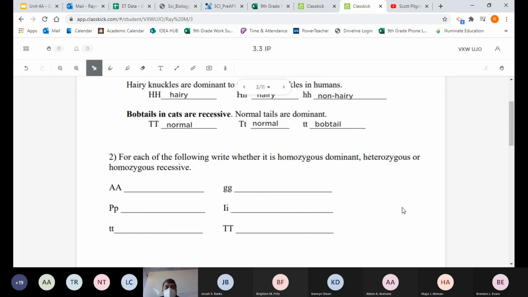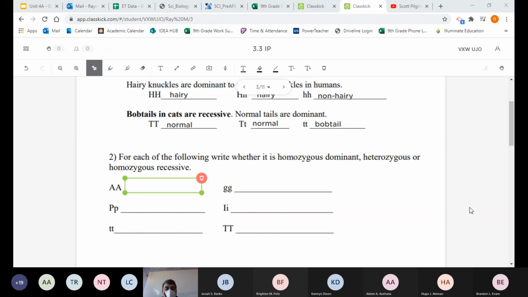Okay, so for each of the following, write whether it is homozygous dominant, heterozygous, or homozygous recessive. So here, capital A, capital A. What is that going to be? We have two capital letters.